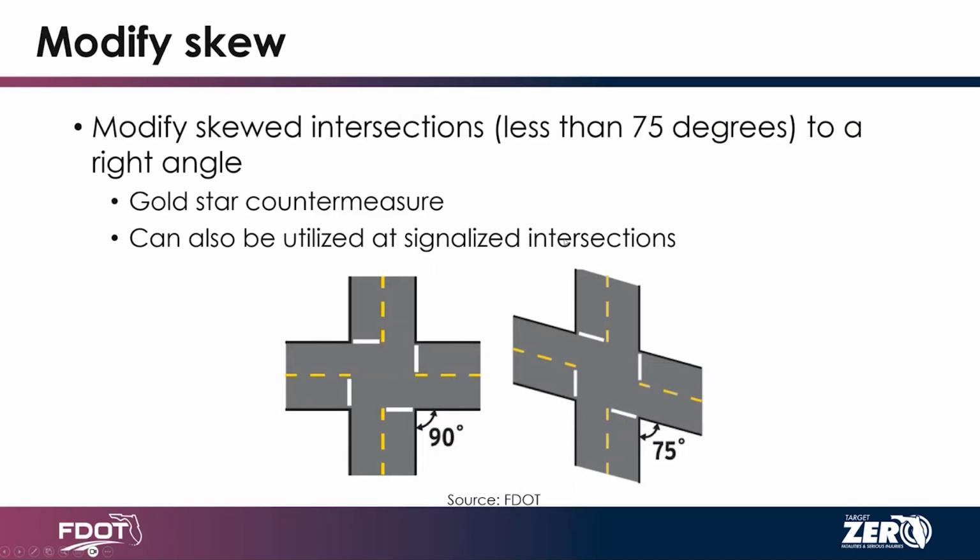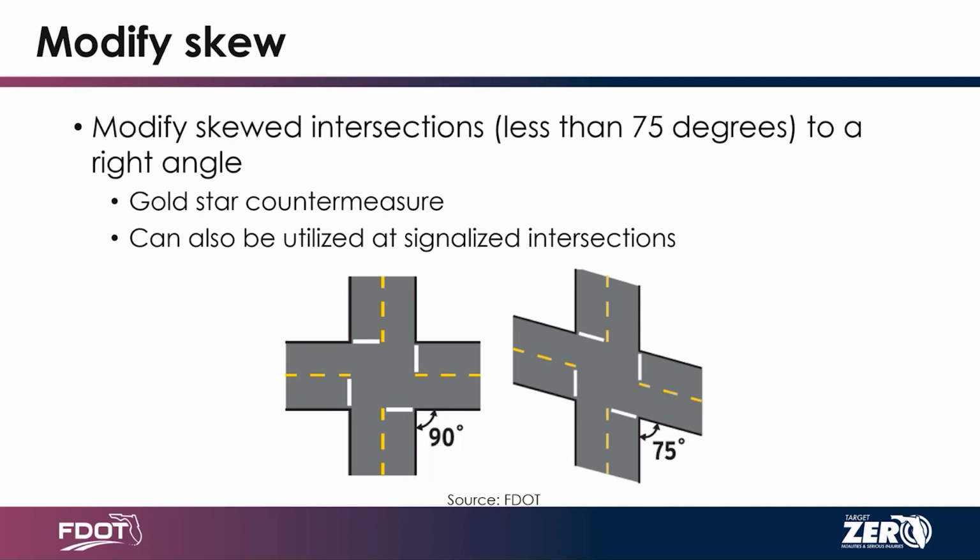Another countermeasure is to modify the skew angle. This can be challenging and costly, but it can be a significant benefit at the intersection. Basically, it's easier to facilitate turning movements at a right angle, so once you get to less than 75 degrees, you want that to be more of a right angle.